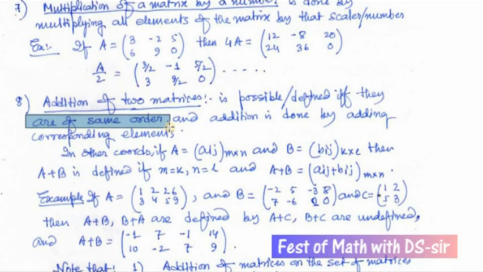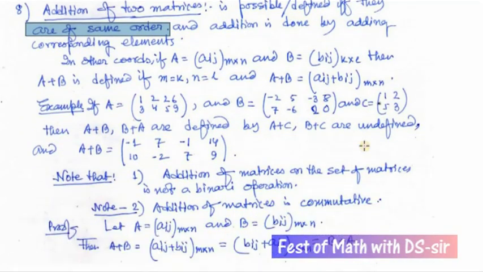So if orders mismatch, you can't convert them to same order matrices, so you can't add them. So if any two matrices are given to you, you can't always add them. You can add them if they have the same order, and addition is done by adding the corresponding elements.